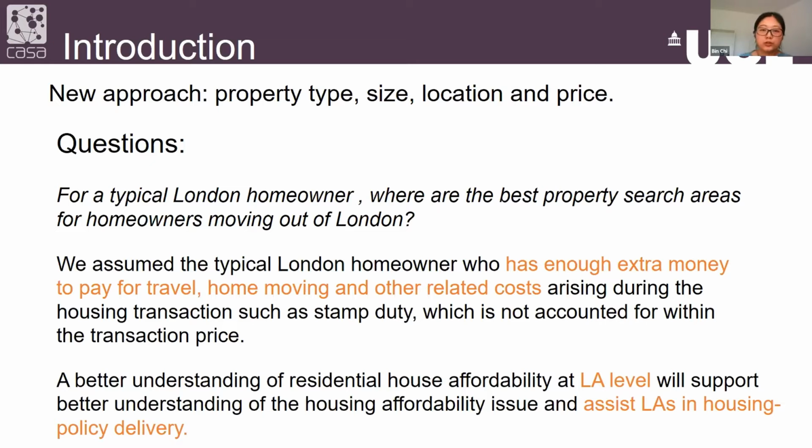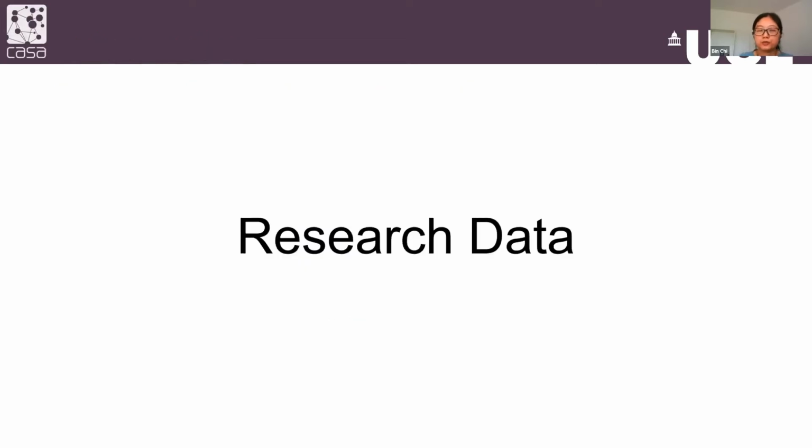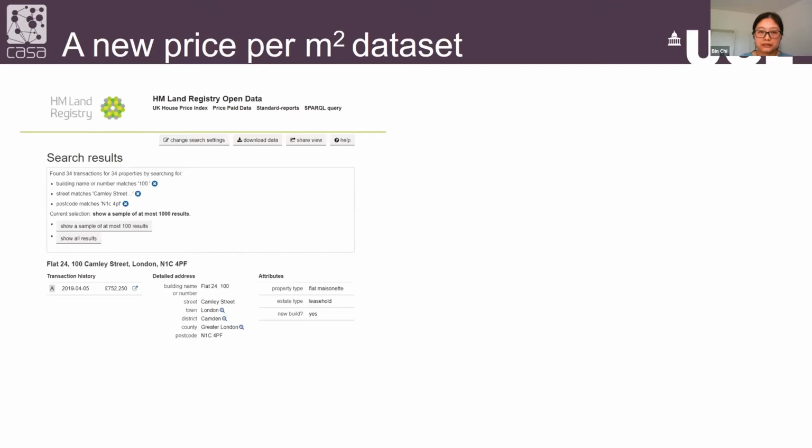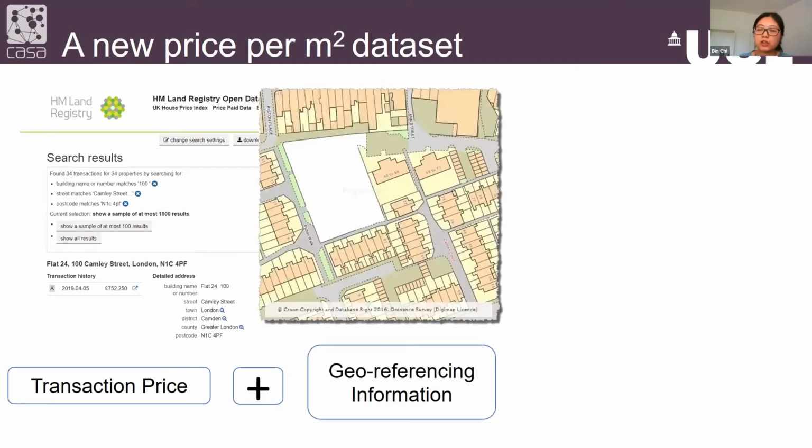Now let me introduce the research dataset. There are 2 parts of the research dataset I use in this research. The first part is a new house price per square meter dataset. It was created based on the transaction price from the Land Registry Price Paid data, and we borrowed georeference information from the OS dataset.